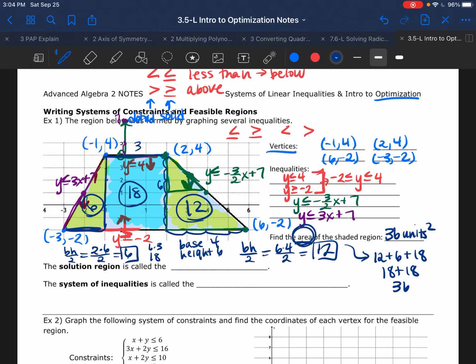All right, so 3 different kinds of test questions. They could ask for the vertices, the inequalities for the system, or the area of the shaded region. And so the shaded region actually has a very special name in Algebra 2. The solution region is called the feasible region.